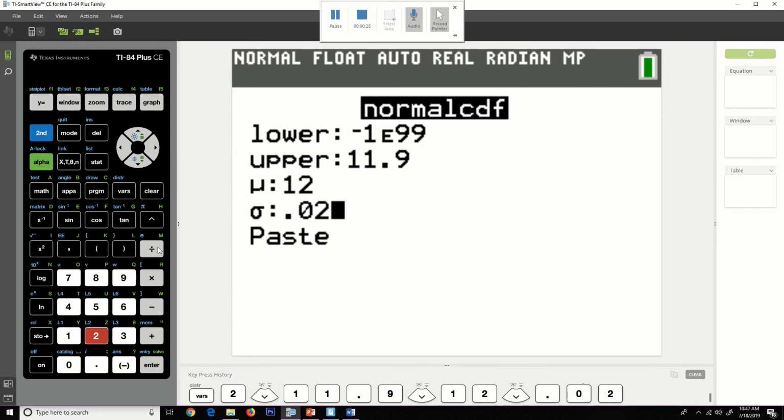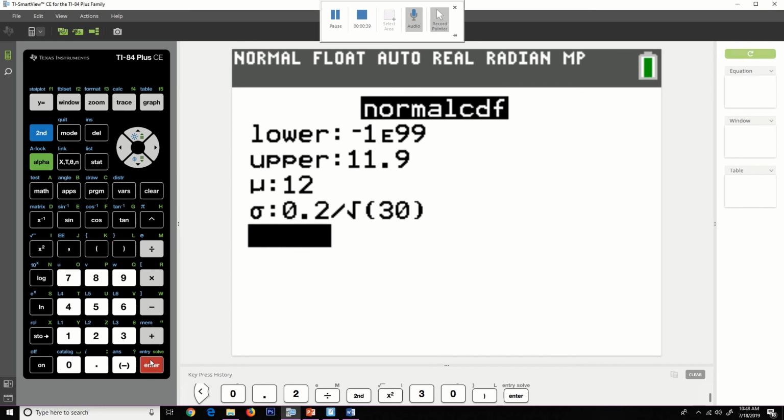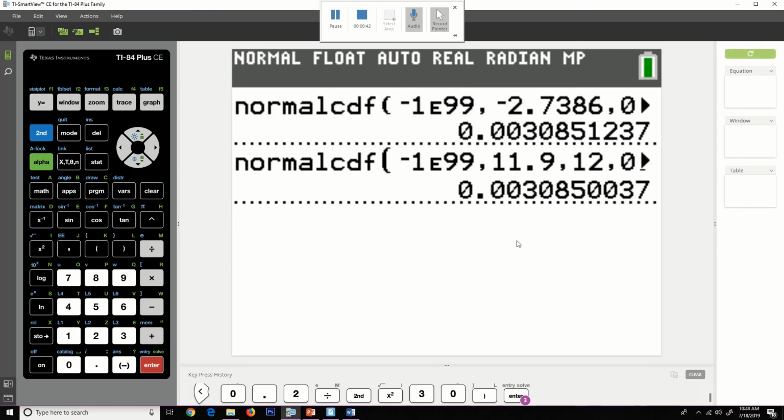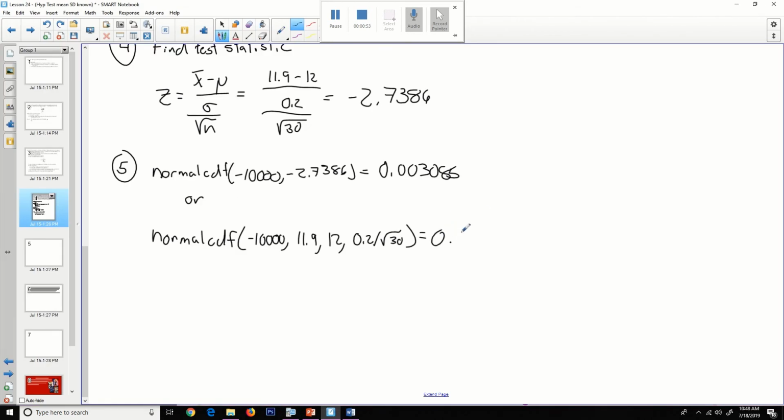So we go 0.2 divided by second square root 30, and if we put that in, we should get exactly the same. We're close out to 6 decimal places, so that's good enough for us. 0.00308.